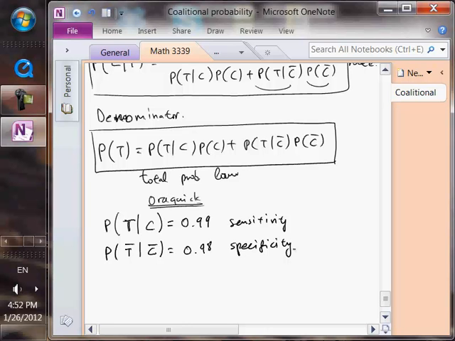Given that the HIV prevalence in the general population is 3%, what is the probability that you have an HIV infection if you test positive?